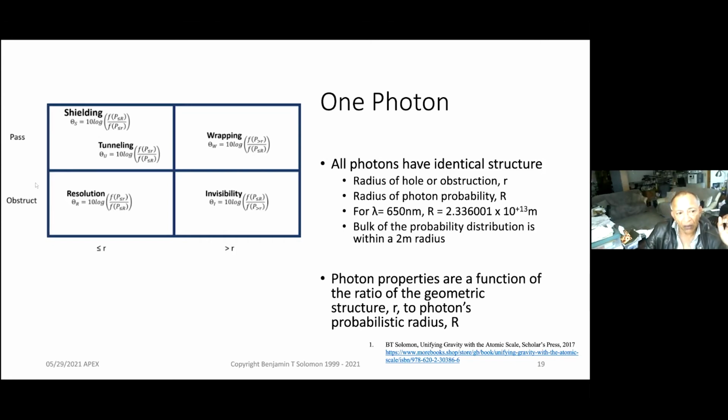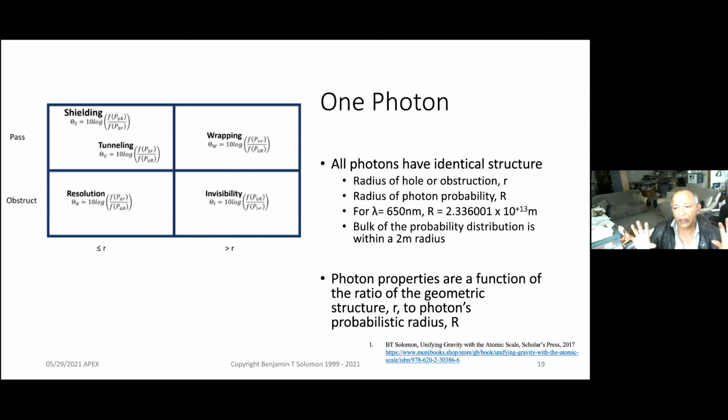And they all obey the same formulas, but depending on where this big R and the small r is. And so one of the conclusions is that all photons are the same.